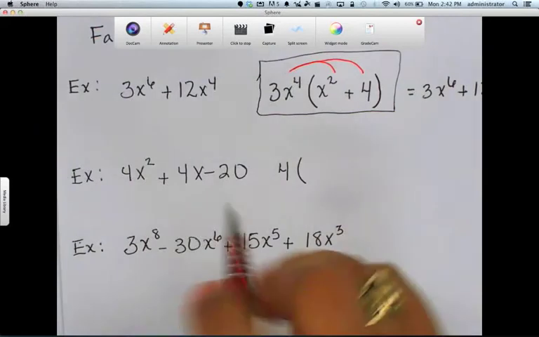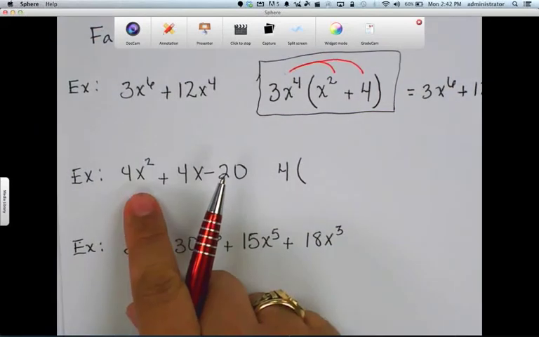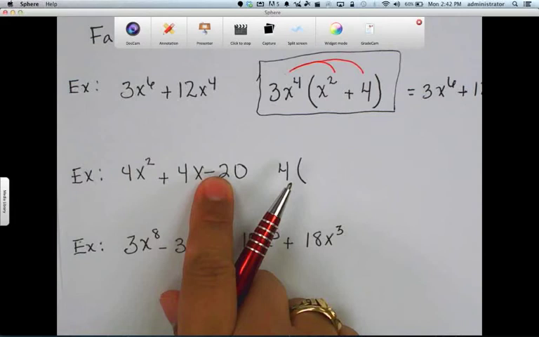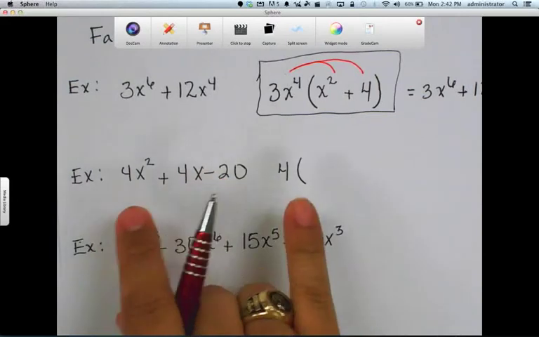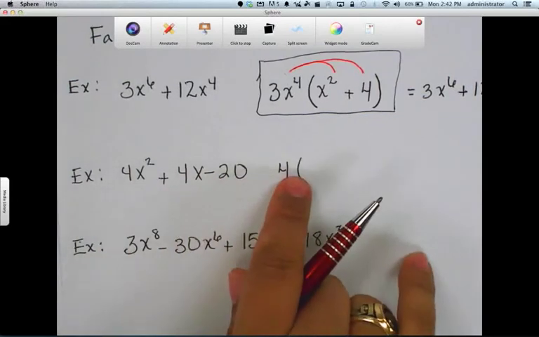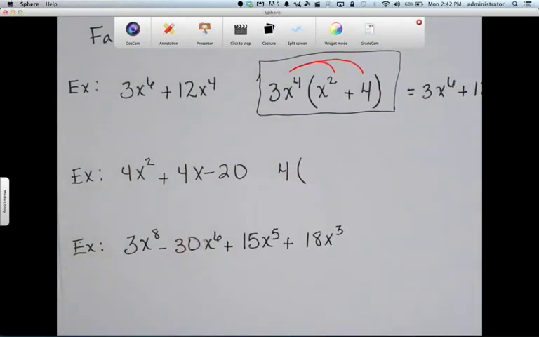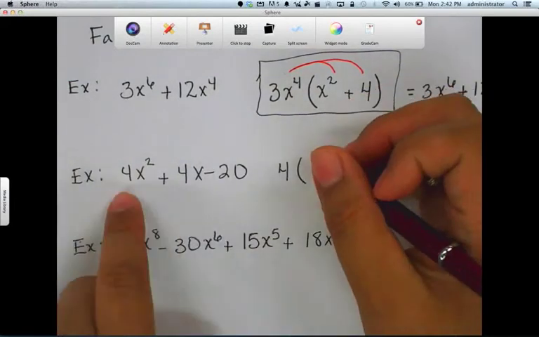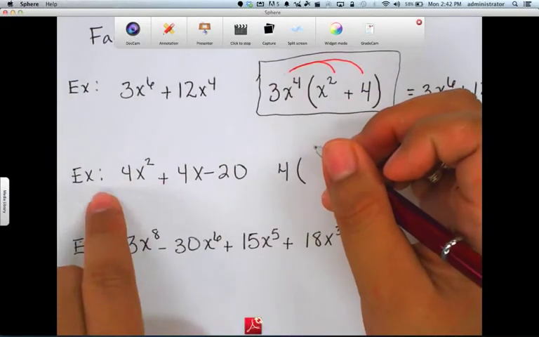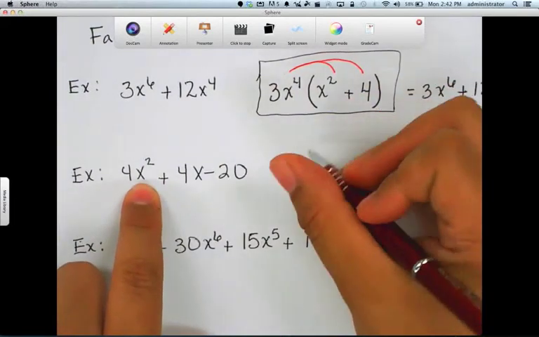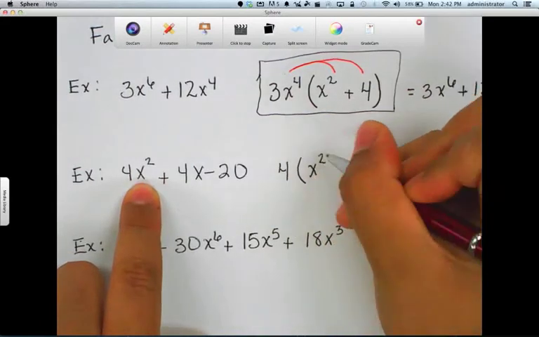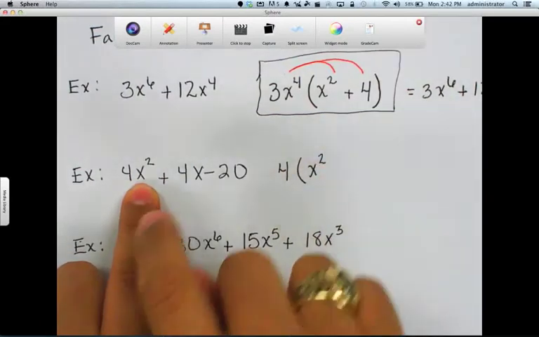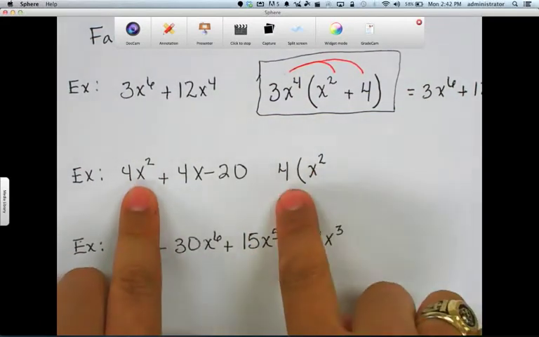Now, let's see here. X squared and x. No, nothing with the x's. So just 4 for now. So we're going to have a 4 there. Now I'm going to ask myself, 4 times what gives me 4x squared? Well, that's pretty straightforward. Just an x squared. When I do the distribution again, I get 4x squared. 4 times what gives me 4x?